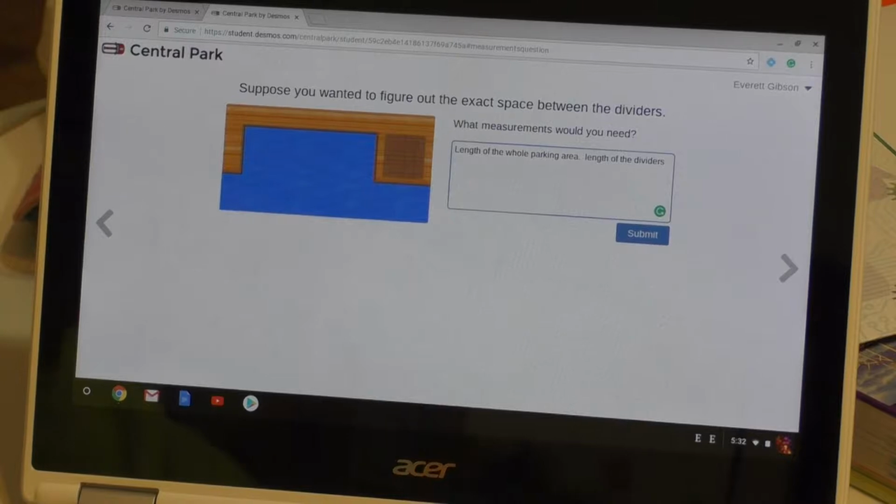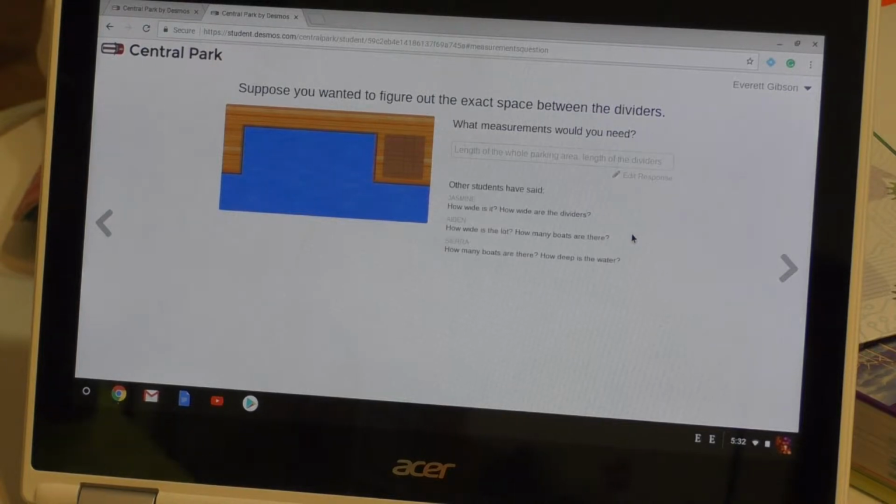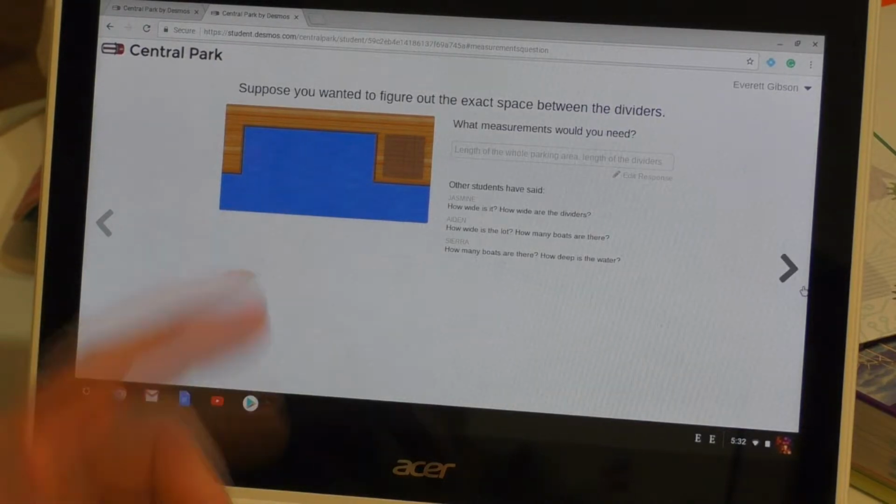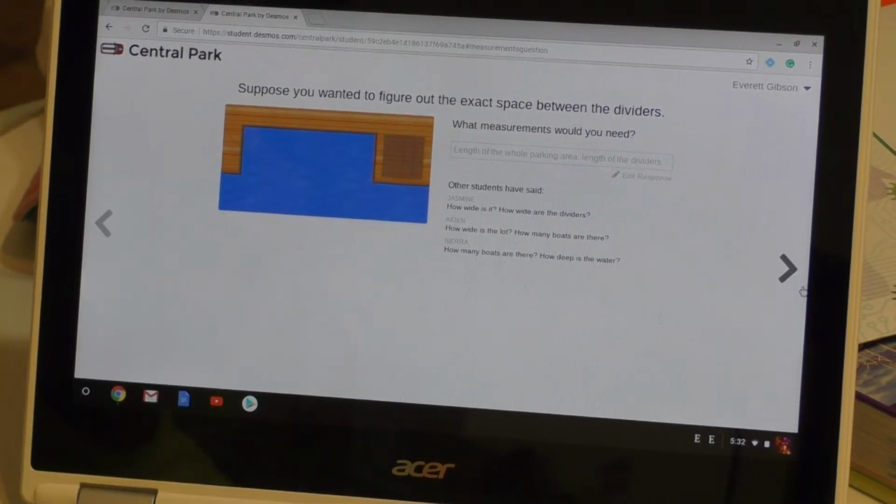And I'm trying to think of anything else. Probably not, because that's what's taking up the most space. Submit that. How wide it is, how wide the dividers, how wide is the lot, how many boats are there.